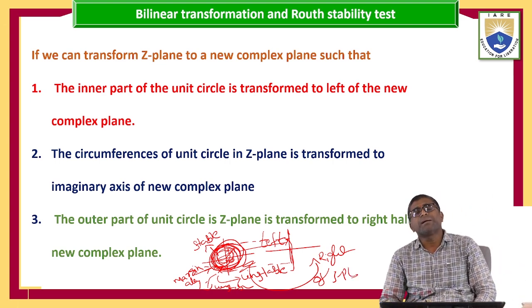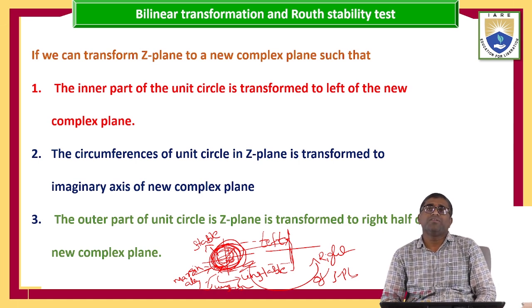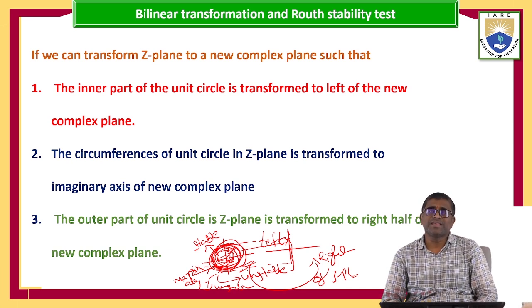This is the comparison of bilinear transformation of stability for the stability conditions in discrete time systems. This is the modified Routh criterion, where we find the stability condition by considering the unit circle as the reference and transferring it to the new plane. These are the conditions.